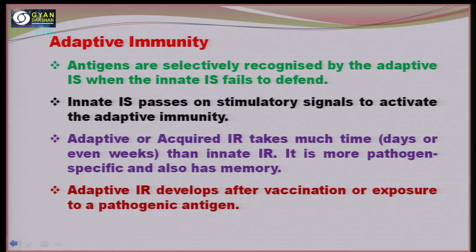The adaptive immune response develops after vaccination or exposure to the pathogenic antigens. It means adaptive immunity will give a response after vaccination or a second exposure to the pathogens.